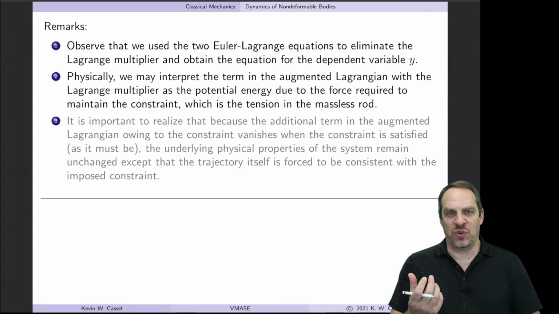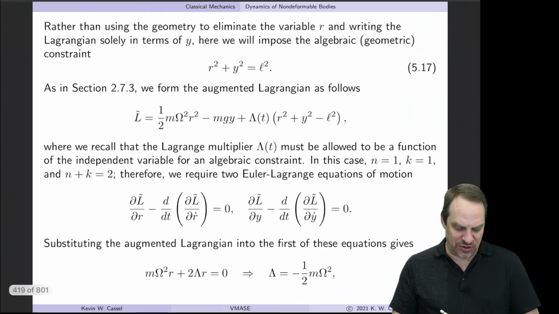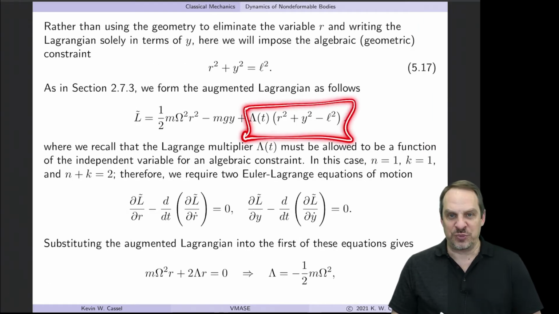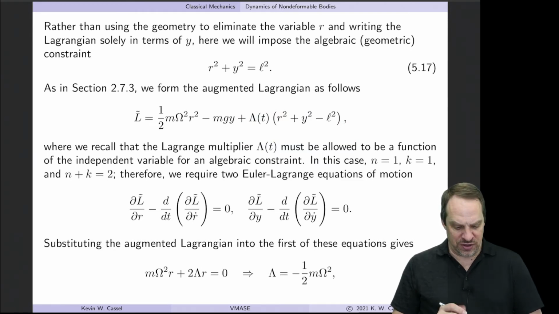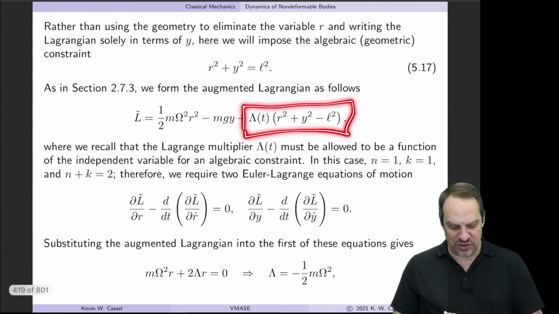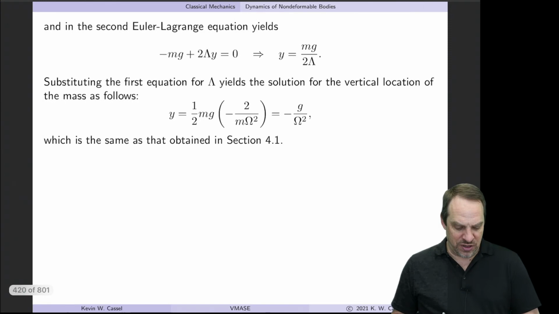Now there is one reason why you may want to do them this way, and that's because the augmented Lagrangian now has this additional term. This term corresponds to the potential energy due to the force of constraint. So if you did want that force of constraint, this is the potential energy that results from that force of constraint. So there are situations where that may be helpful.